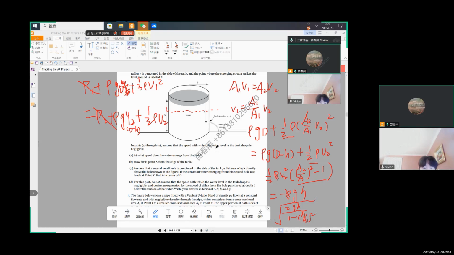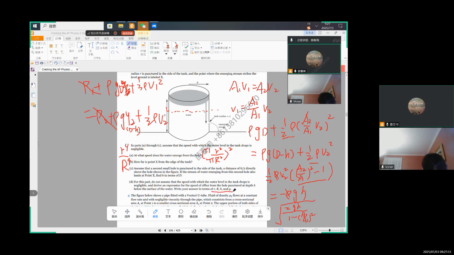A2 is here, right? Which means R over R, because there's pi R squared and pi R squared, right? Pi is out, and you have to square that. Basically, it's R fourth power to R fourth power, right? Let's see, does it satisfy?